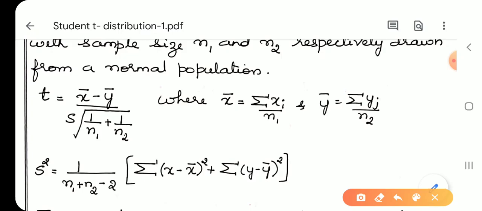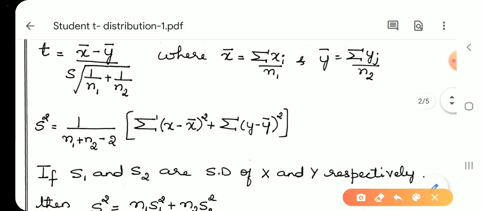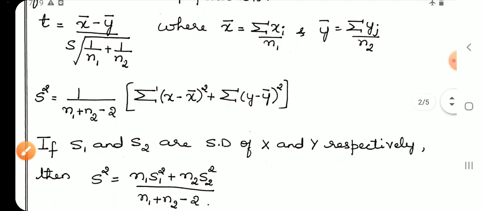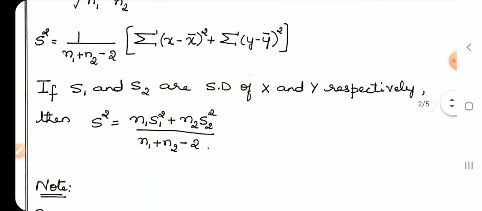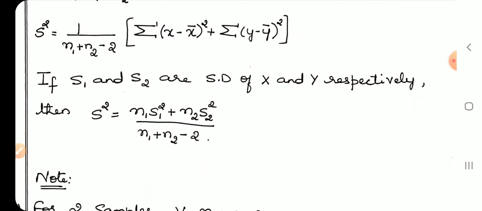As we have found s square there, here the formula for s square is s square is equal to 1 by n1 plus n2 minus 2 into sigma of x minus x bar whole square plus sigma of y minus y bar whole square. s1 and s2 are the standard deviations of x and y respectively. s square is equal to n1 s1 square plus n2 s2 square by n1 plus n2 minus 2.